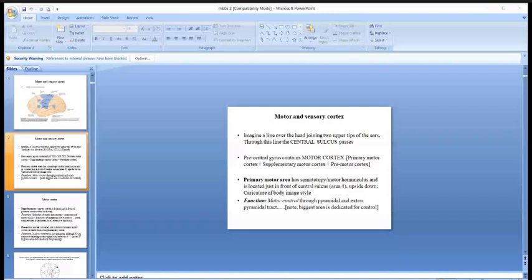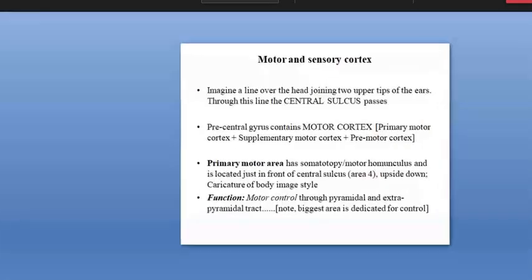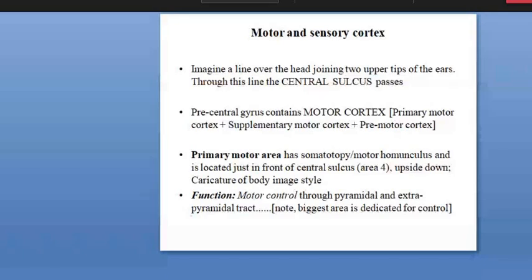That means if the motor cortex and motor tracts are all right, and motor nerves give enough neurotransmitter, then the muscle will remain in a partially contracted position, and that is called tone.